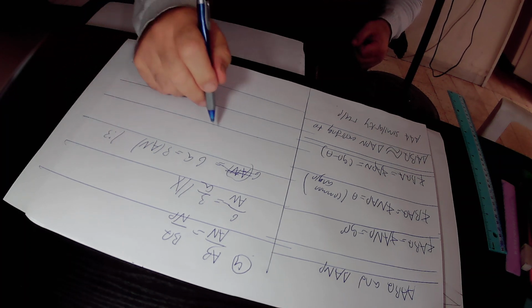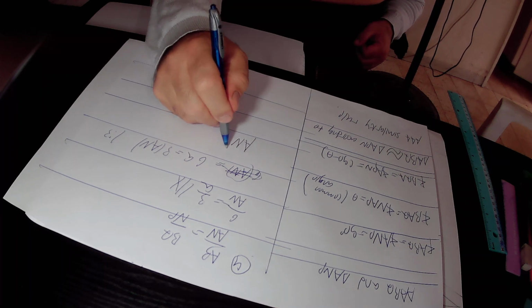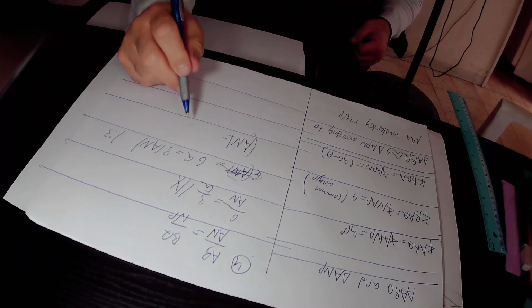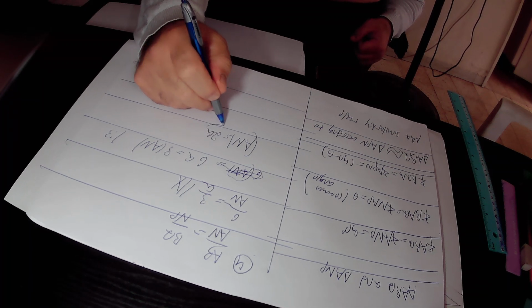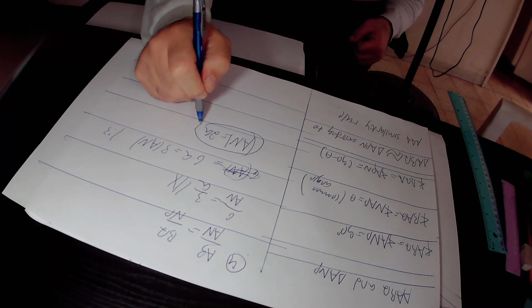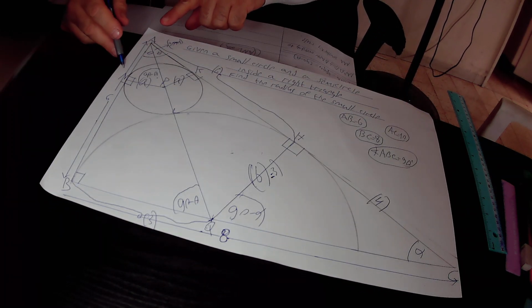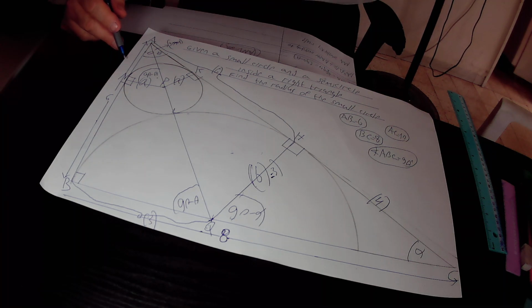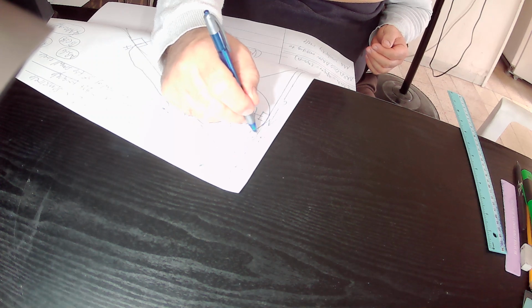And finally we get that the missing side AN equals 6A over 3, which is 2A. So AN equals 2A units in length. This is the missing side AN, and it equals 2A units in length. So I write it down: AN equals 2A units.